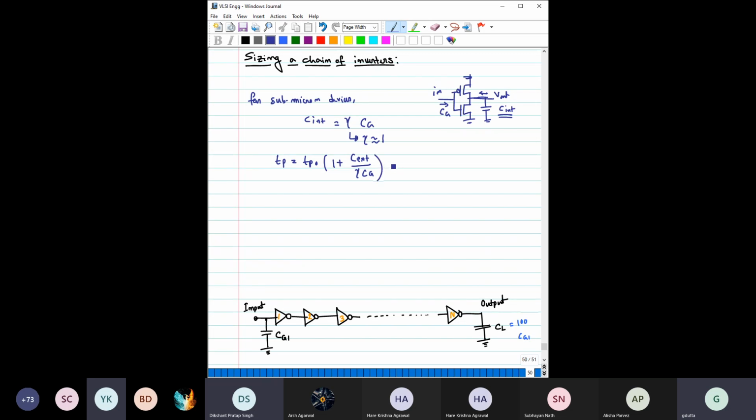Now if you consider gamma equal to 1, it becomes Cext / Cg. What is this Cext / Cg? This is called fan-out, denoted by the symbol F. So Tp0 (1 + F). Let us keep this gamma as well.